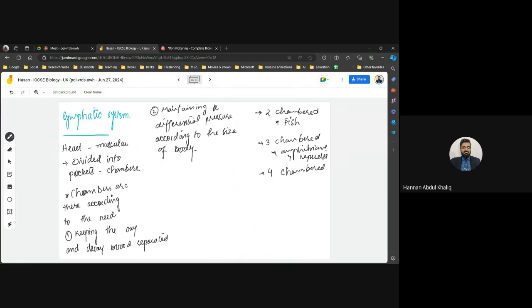And the four-chambered heart is found in mammals and birds. For the four-chambered heart, there are two particular purposes that I have written over here. Okay, next.